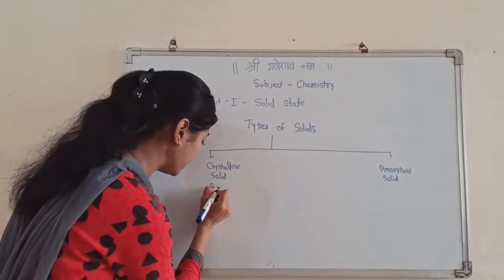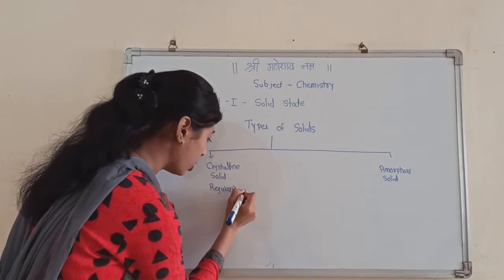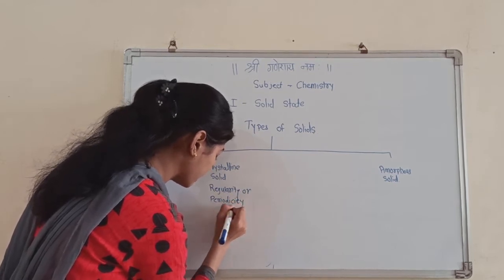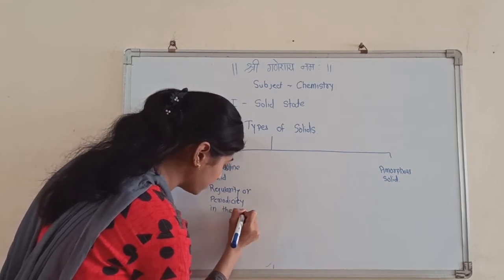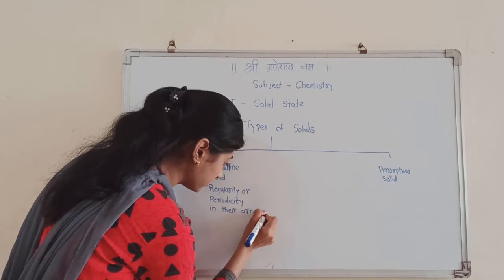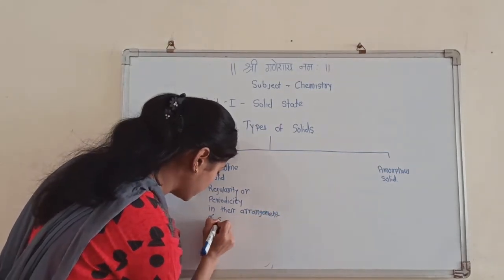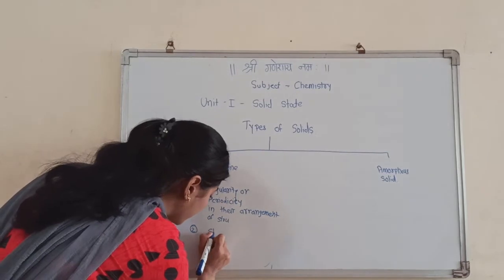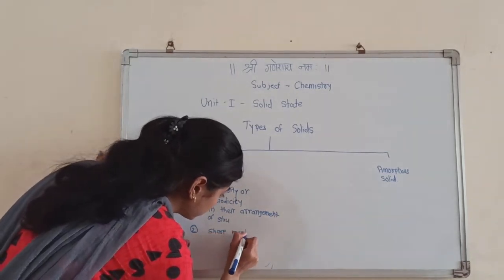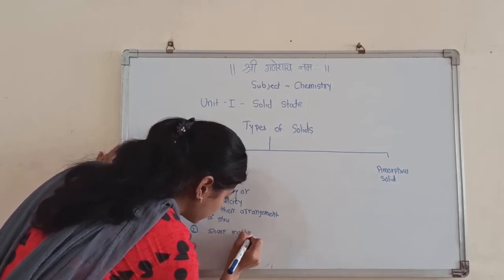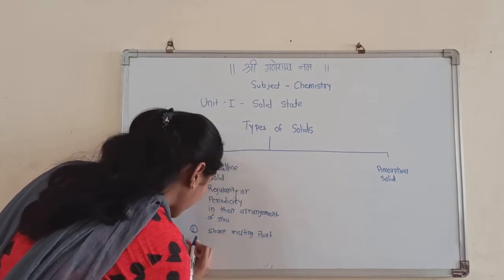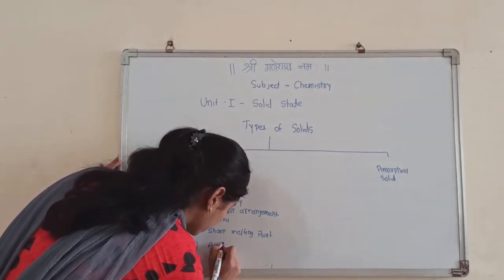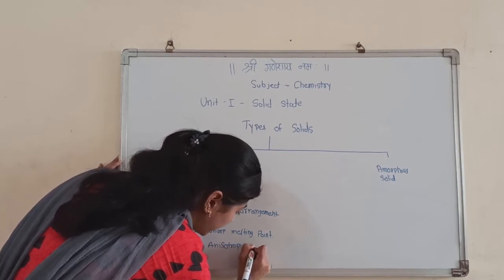A crystalline solid has regularity or periodicity in its structure or arrangement. Second, it has a sharp melting point. And third, it shows anisotropic effect.